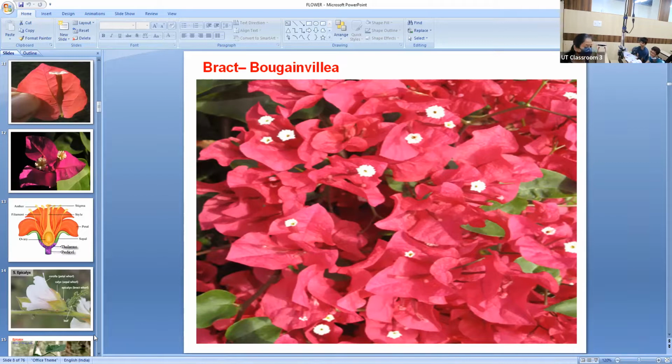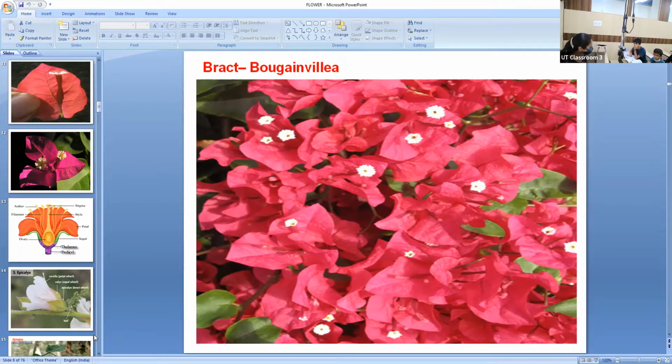So if you have drawn the flower, say suppose this is the thalamus that you have drawn and this is the stigma that you have drawn. Where will the nectaries be? Nectaries are basically tube-like structures, something like this, and then you get the stamen arranged here. So the insects or the butterfly are always coming and getting attached to this, and quite a number of times they go down a little bit, deep down, to take in the juicy substances that the plant cells are producing.